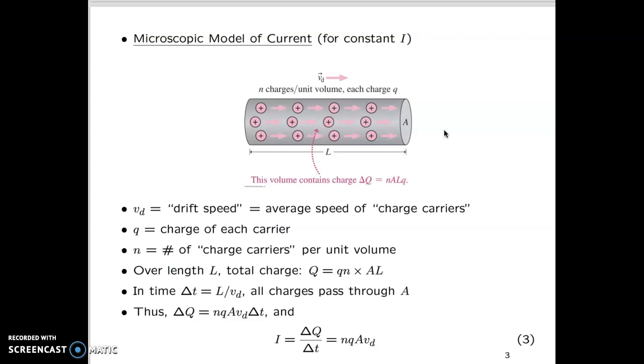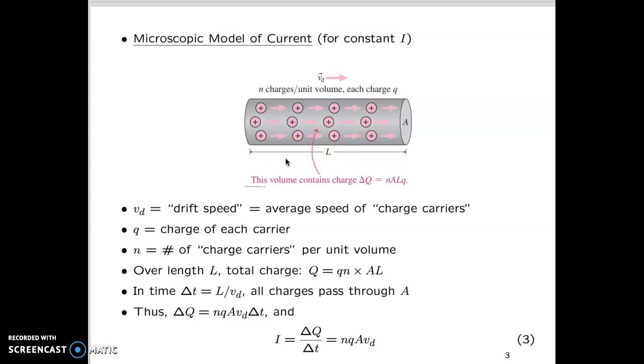So imagine that you have a material in the shape of a cylinder, and we have some number of mobile charges. And how many charges do we have? Well, we have n charges per unit volume. Each one of them has a charge q. All these particles we'll assume have the same charge.